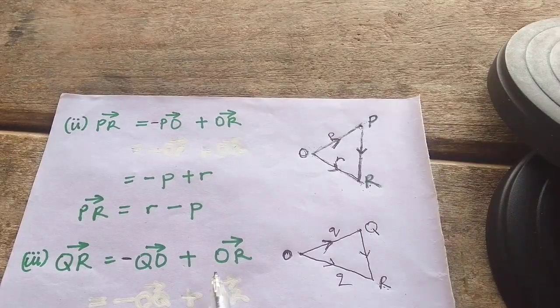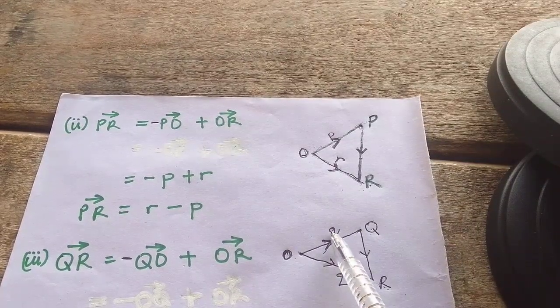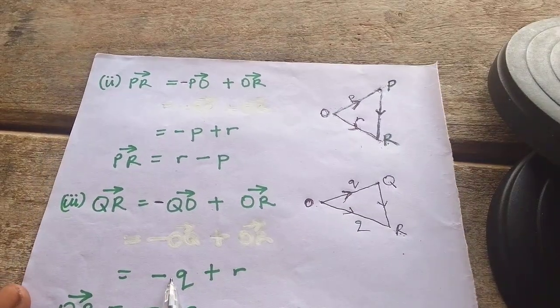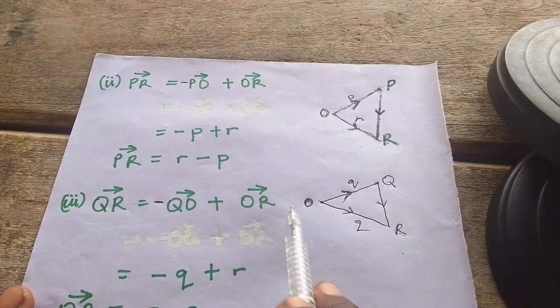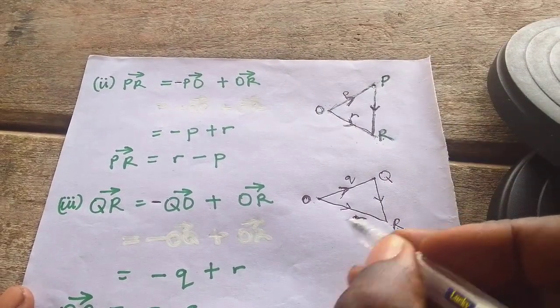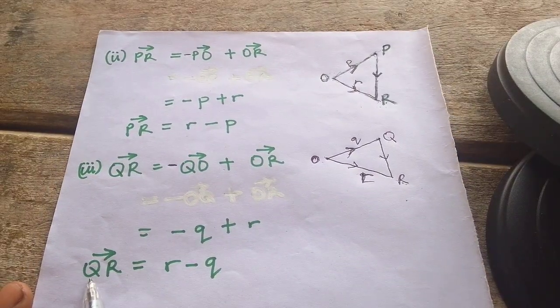Now you already know that minus QO is small q, plus OR is small r. So you can rewrite it as: vector QR will be equal to r minus q.